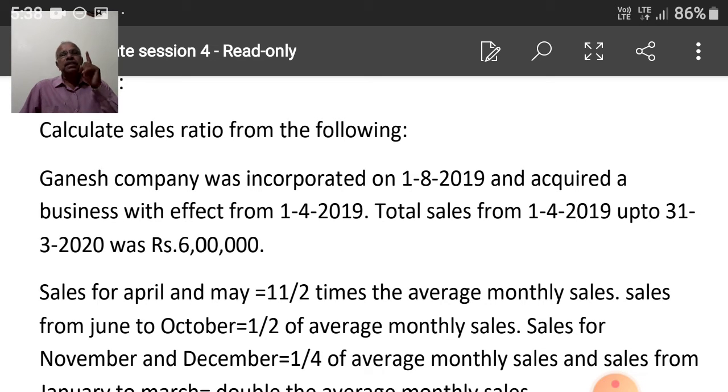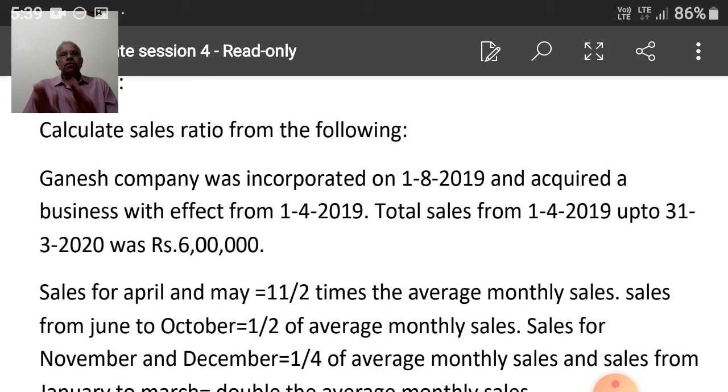The business was purchased on 1st April, but the company was incorporated on 1/8/2019, that is, up to 31st July 2019. This is the pre-incorporation period. The sales concerned to the pre-incorporation period are the pre-incorporation sales.